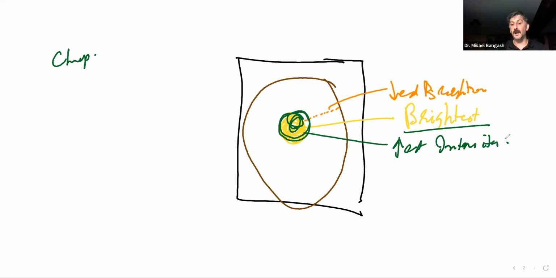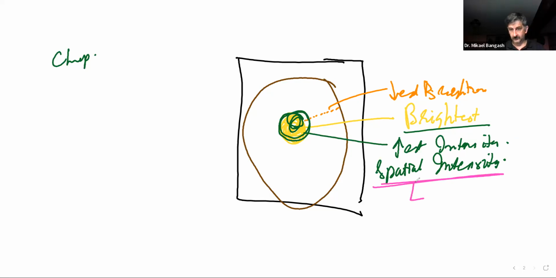And what did we call this kind of intensity here? This was the spatial intensity. Clear? And that's why, when we said spatial intensity, that was all relevant to the beam of sound, or we can say sound beam.